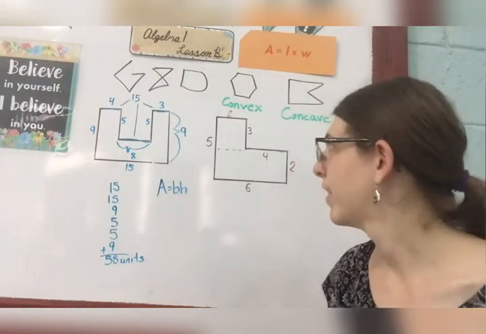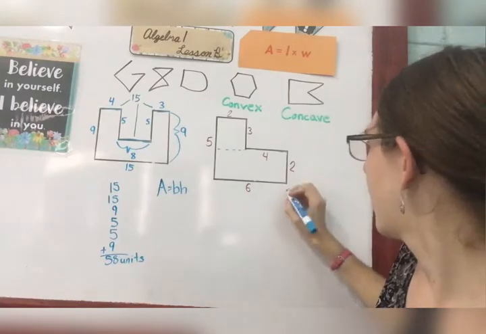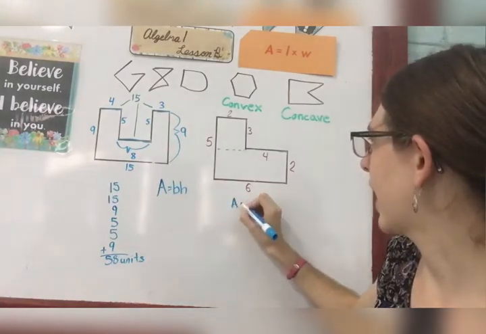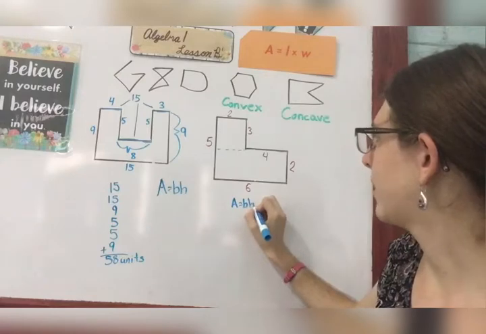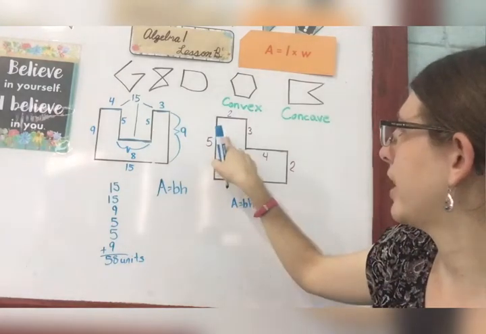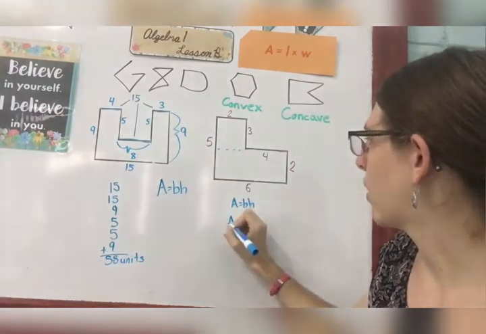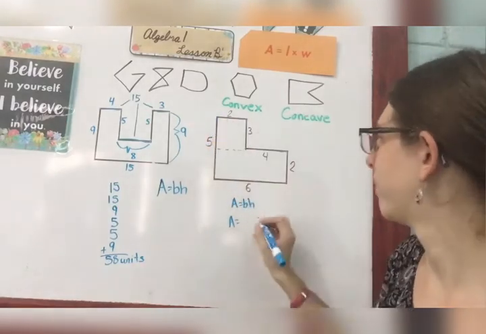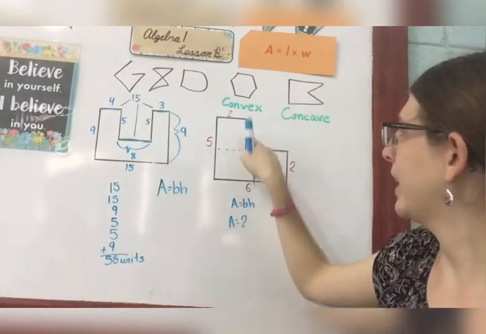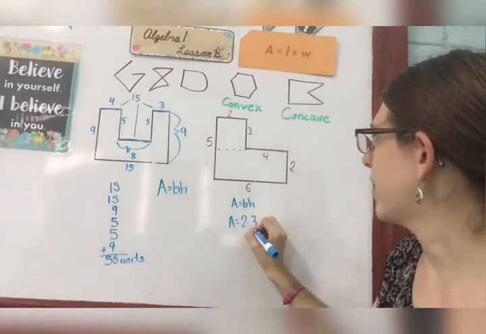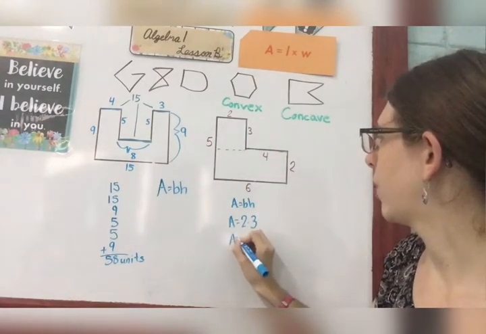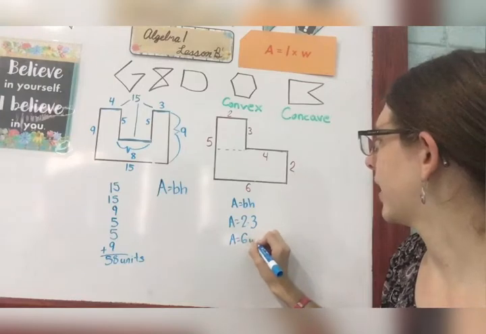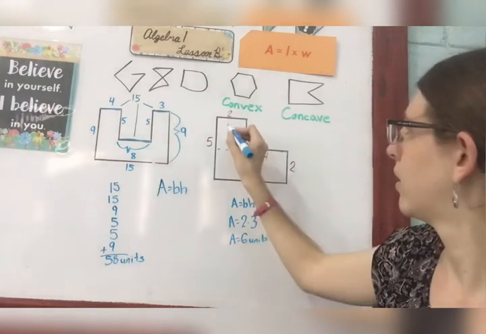So, if I divide it here, my formula is area equals base times height. I'm going to start here with this one. So, my base, the one across, is 2. My height up and down is 3. So area equals 6 units.